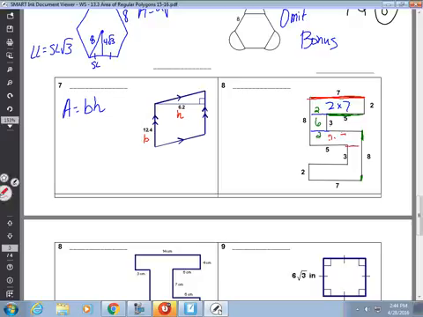On this one, because this is 3 and that's 2, that means that this whole side would be 5, which means this is 3. So this is a 3 by 7. This is still 2 by 6, and then this is 2 by 7. So there's your pieces on that one.